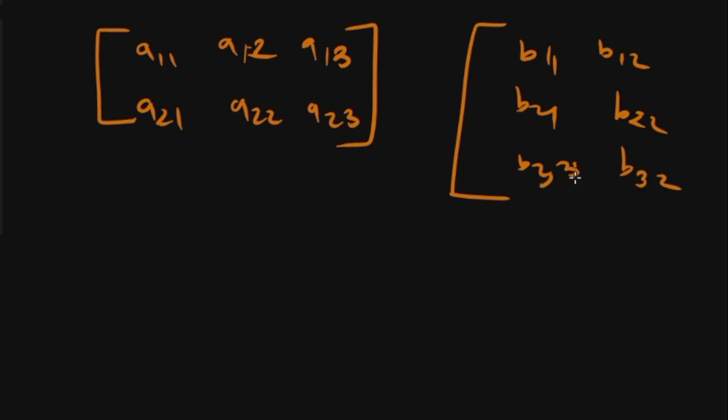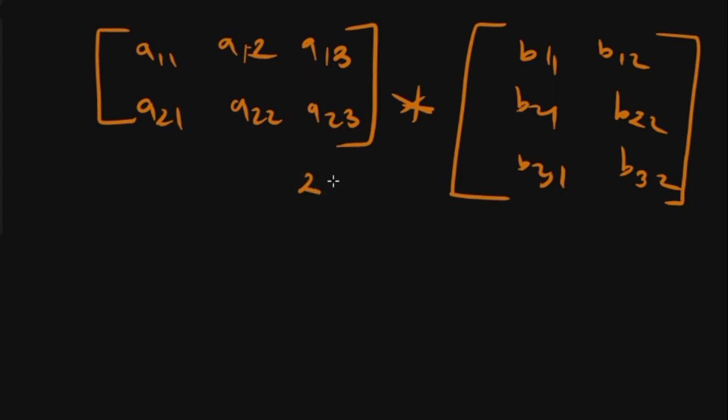This should be 31. Let me change this, b31. So whenever we perform multiplication, let's find the size.